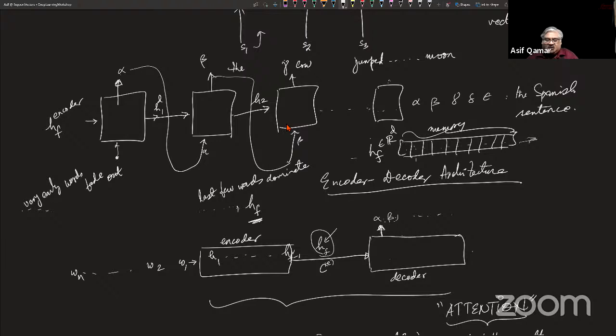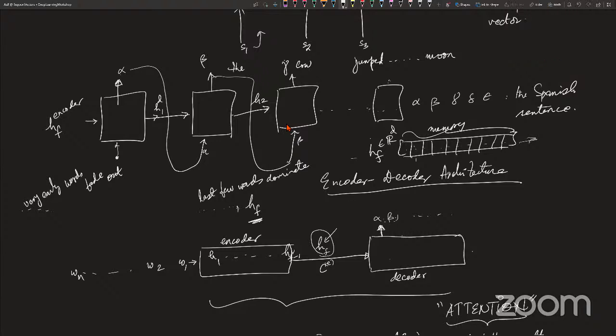Then there would be, in some sense, a democracy of influence. All of the words will find their place under the sun, and they won't get forgotten. The early words in the sequence won't just fade out. So this was the basic idea.